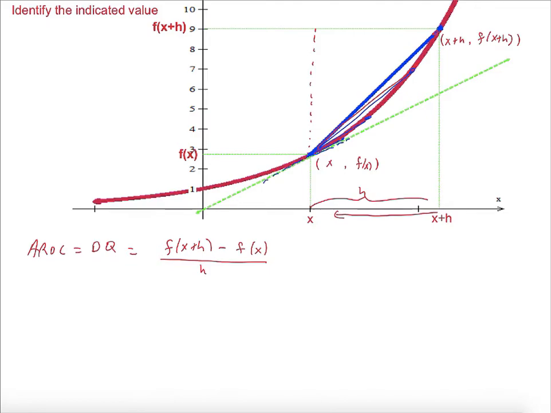So that way the average rate of change, the slope of the blue secant line, will be the same thing as the instantaneous rate of change, the slope of the green tangent line. All I need is the derivative.